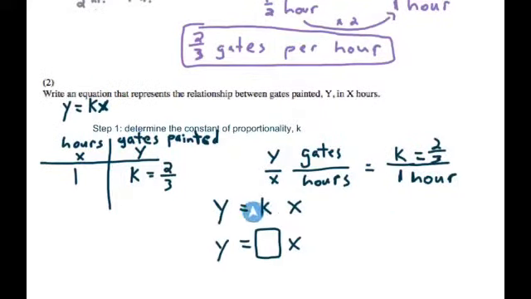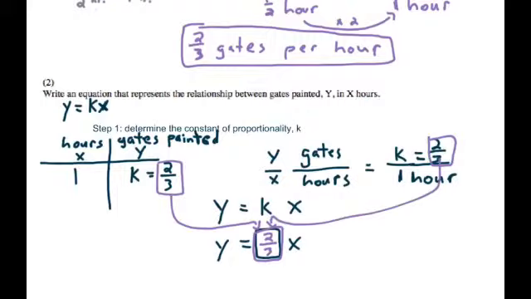So when we have our structure Y is equal to KX, it's simply a matter of leaving a space open for K, the specific constant that describes the relationship between the gates painted Y in X hours. So then we will just put K into its place.